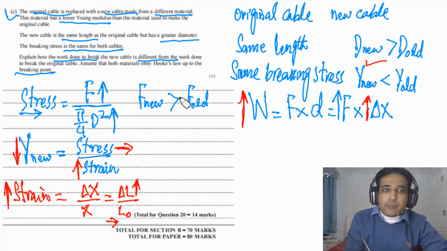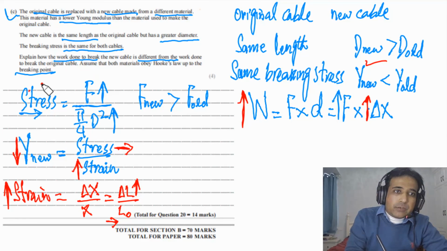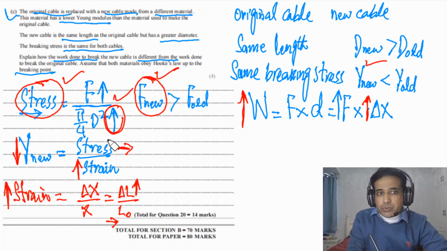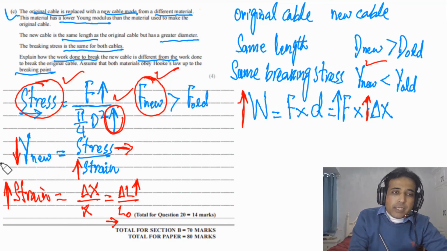And these are the points you have to mention. Same stress, cross-sectional area is greater, it means the force on the new cable has to be greater. So we can mention these points in our answer. Then we can look at Young's modulus, as this value is lower, this value is the same, so strain has to be greater.